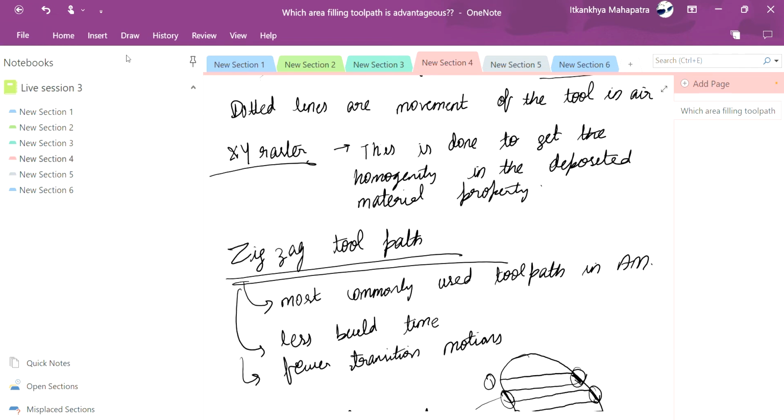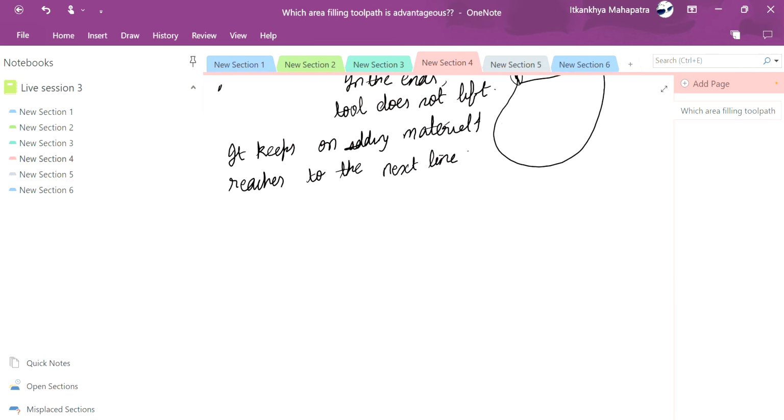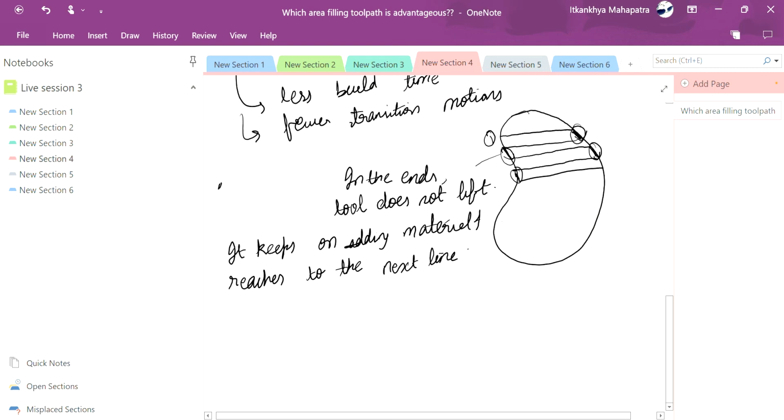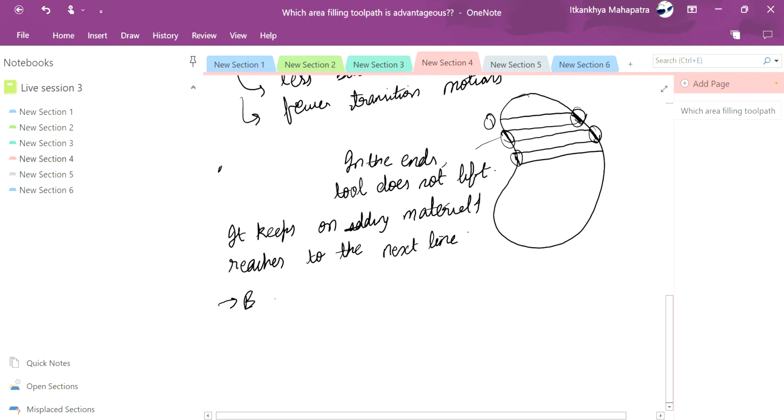Okay, so now the boundaries of the contours are approximated by linear edges. However, due to discretization errors on any edge which is not parallel to the tool motion direction, like these boundaries, I'll just write it: boundaries of the contour are approximated by linear edge.